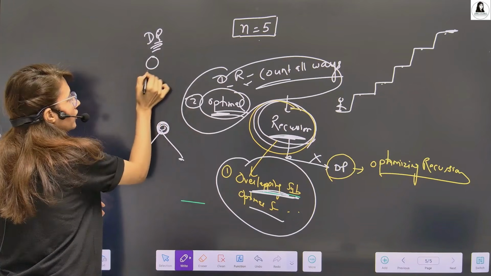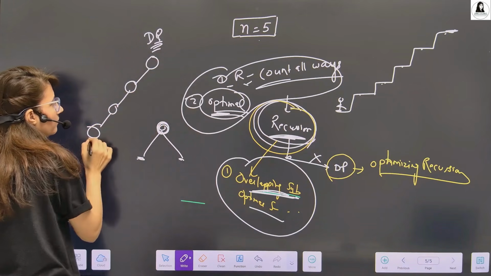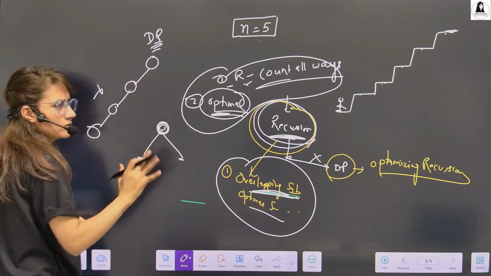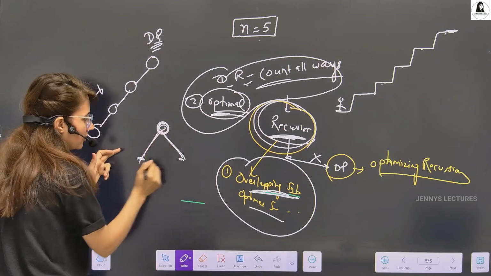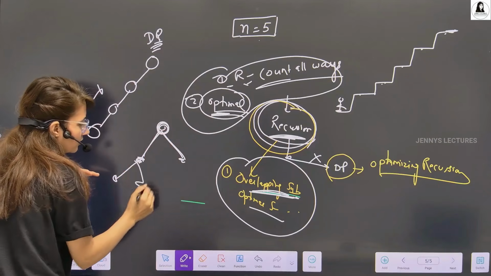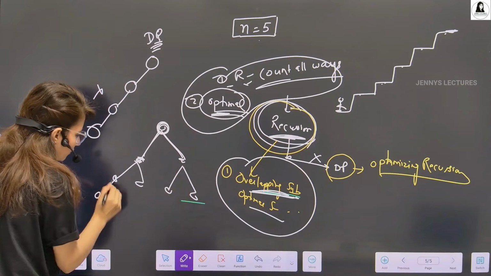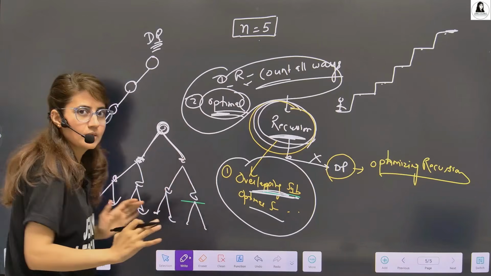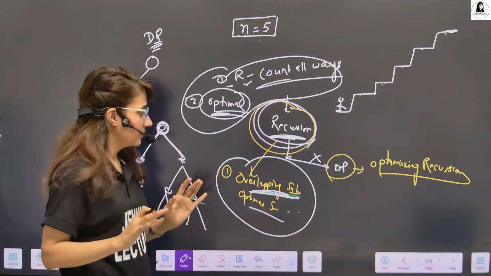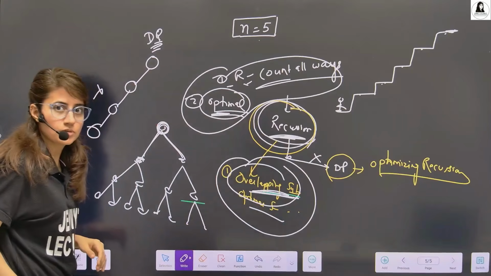Suppose you are calling recursion only one time, it means the subproblems will not be overlapping. But if you are calling recursion two times, this and this, then again this and this, kind of a recursion tree, then yes, there will be overlapping subproblems.